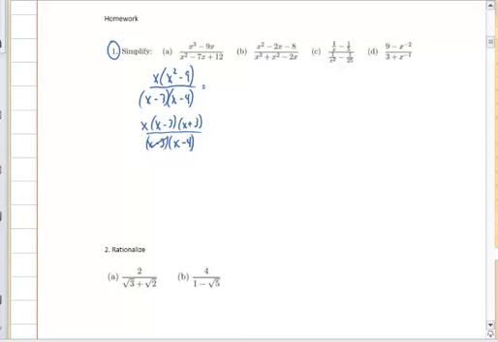So now I can cancel out what's common to both, and I have simplified that fraction.